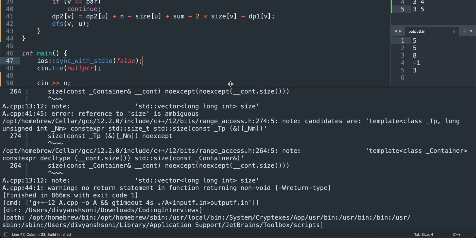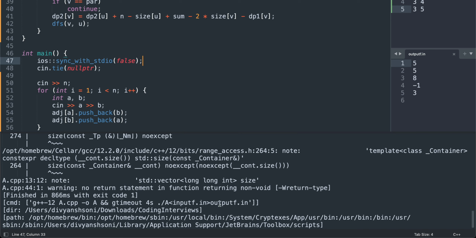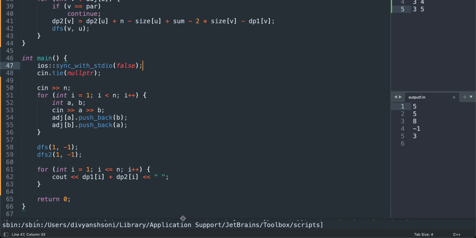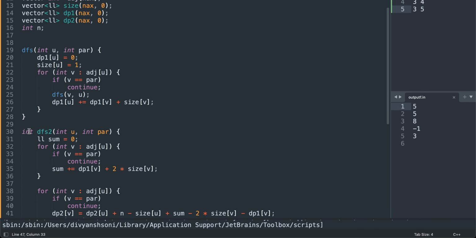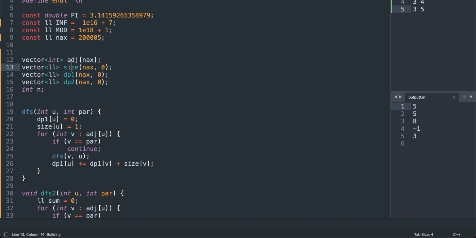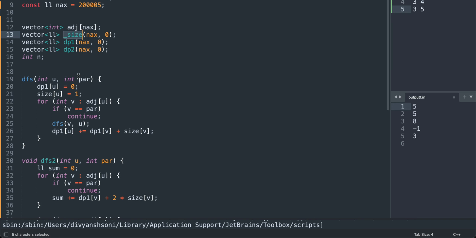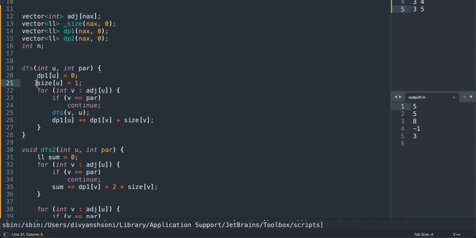Compilation error. Nice. Okay, I think it is complaining about this one. Size we cannot use. Okay, let's replace size.